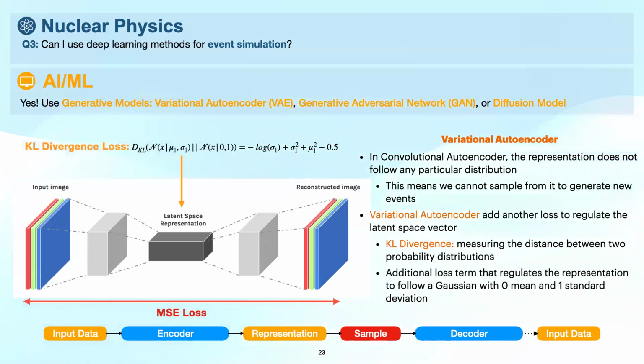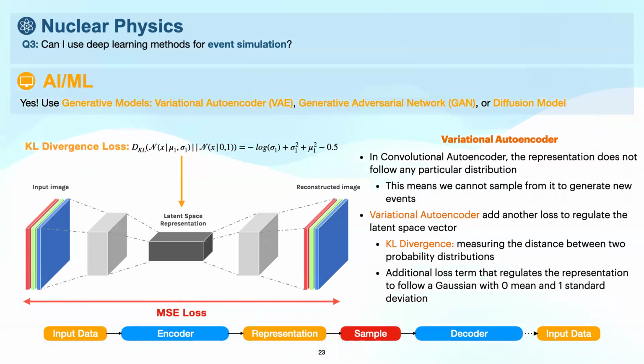Yeah. How do you make sure that this kind of simulation can produce some physical events? Well, the way you make sure of this is by the MSE loss. Basically, you make sure your input image and reconstructed image are the same when you are training. The MSE loss, remember, calculates the distance of every single pixel of your image or your waveform or whatever. So during training, it makes sure that these two are ideally exactly the same.